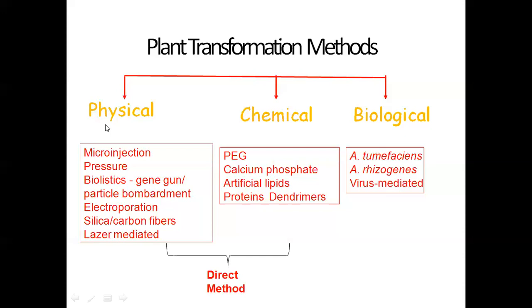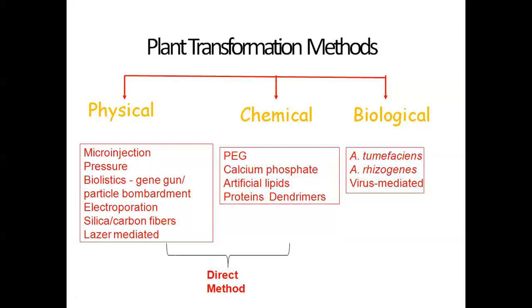Now under the physical methods, you can understand microinjection, like the injection you see in the medical sector. Something can be pushed inside the target sample. Likewise, microinjection can be used in solution with a micro syringe.